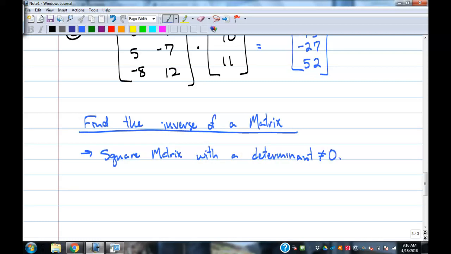Okay. What we're finding when we find the inverse of a matrix is what's considered the multiplicative inverse of a matrix.